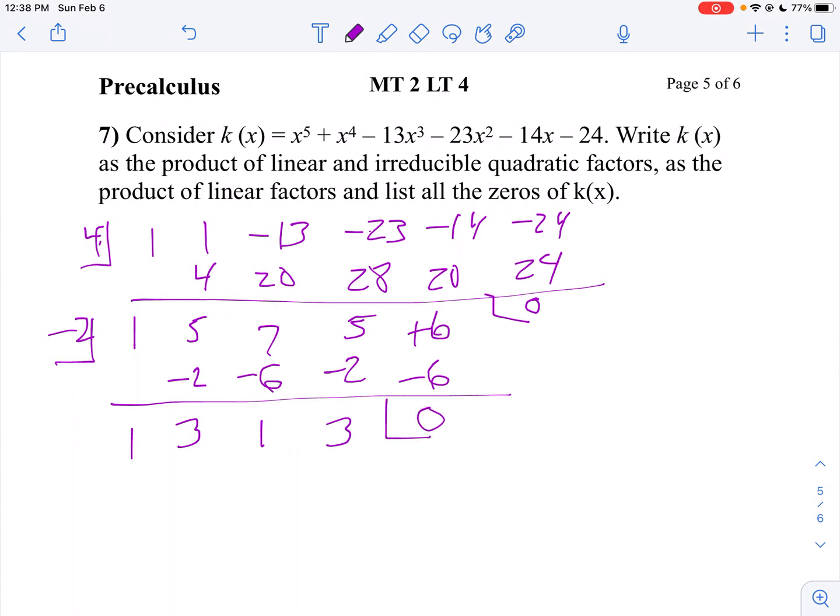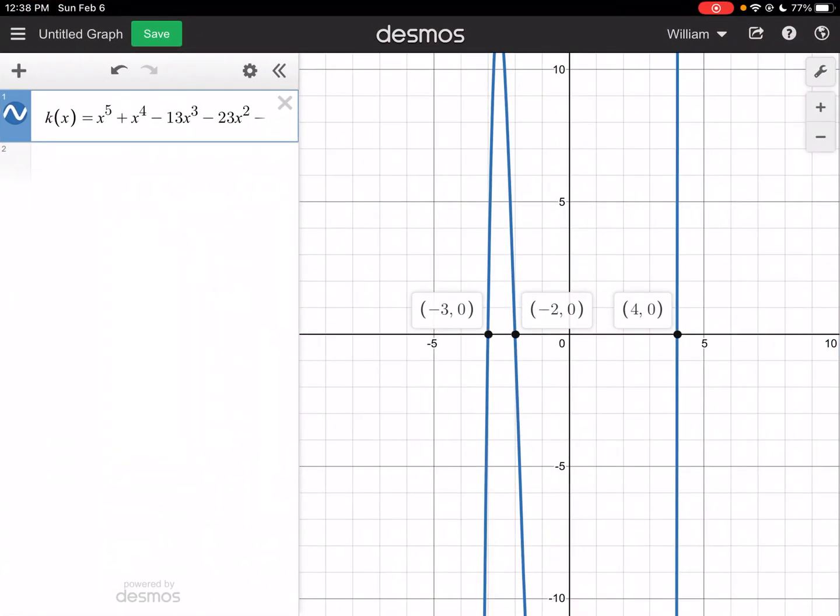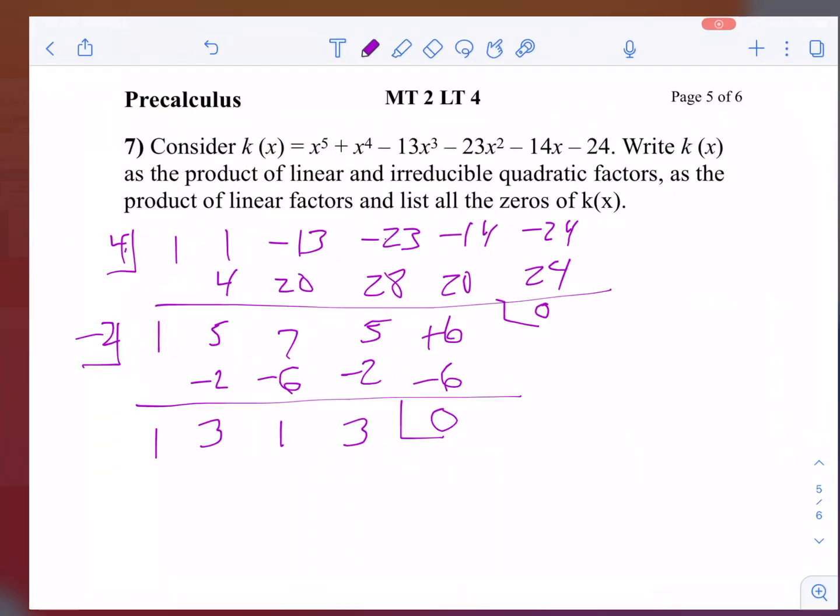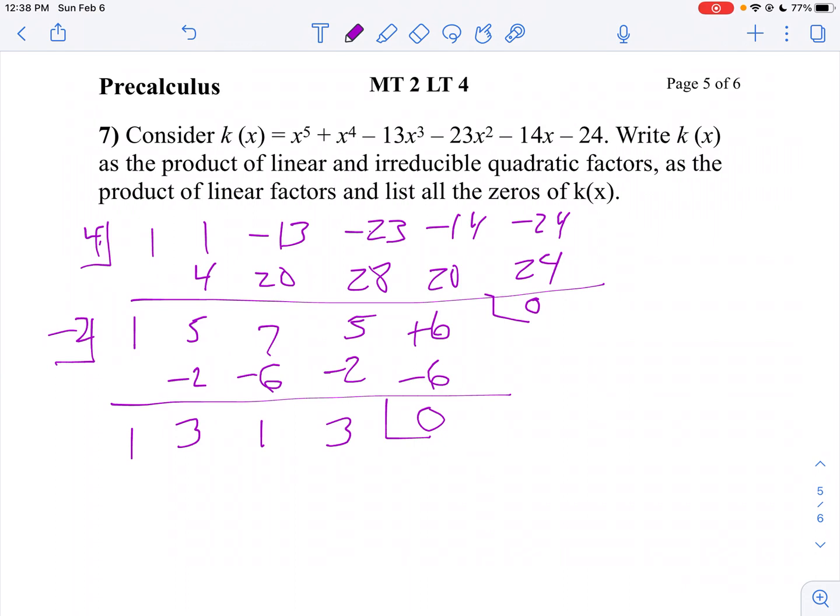Okay, looking good so far. Now let's check my third rational, -3. So I bring down the 1. 1 times -3 is -3, which gives me 0, 0, 1, -3, 0.